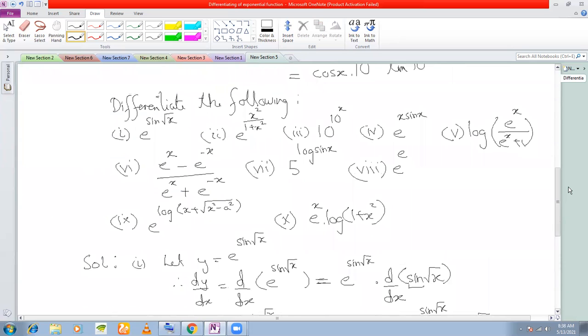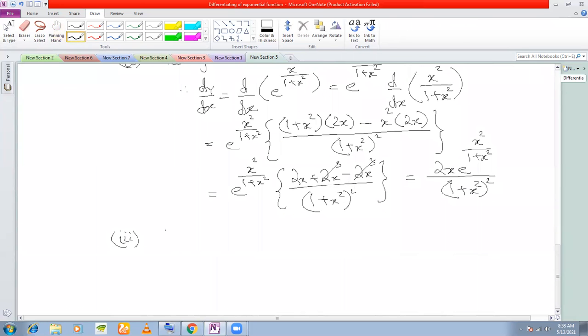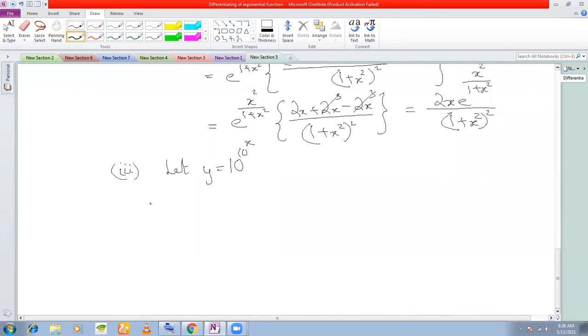The next sum I gave you was 10 to the power of 10 to the power of x. Very interesting sum. You got to do this a little in a step-by-step manner. Therefore, dy dx is equal to d dx of 10 to the power of 10 to the power of x.